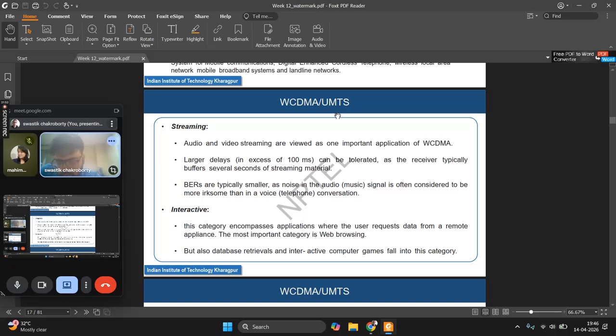That is why in 3G, if you are old enough to remember, the video on 3G phones, like if you opened YouTube or something, used to buffer a lot. It used to buffer for this very simple reason that achieving a particular BER with very low transmission delay was not possible.